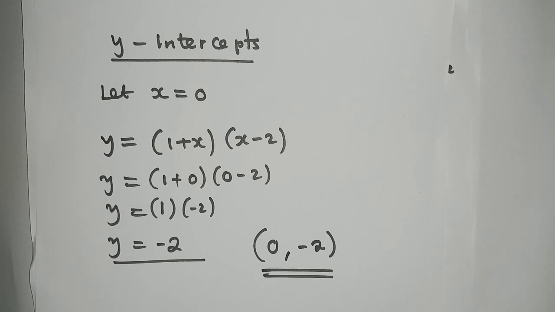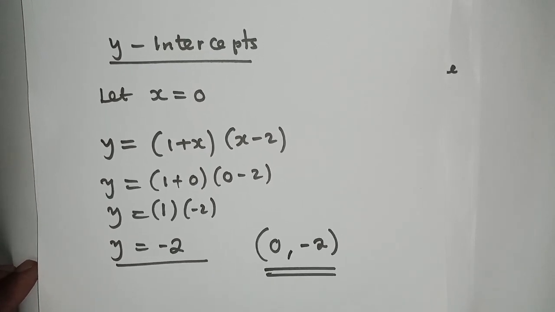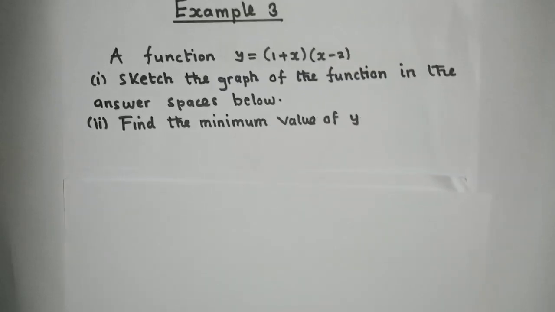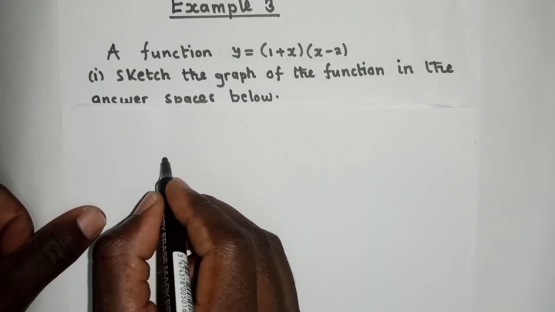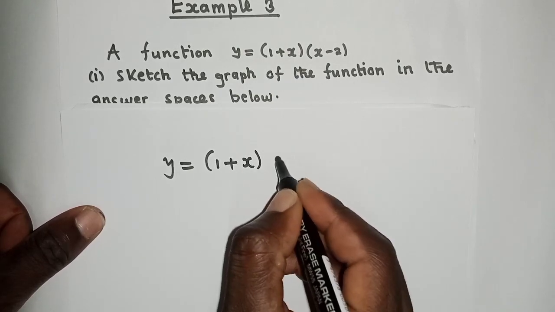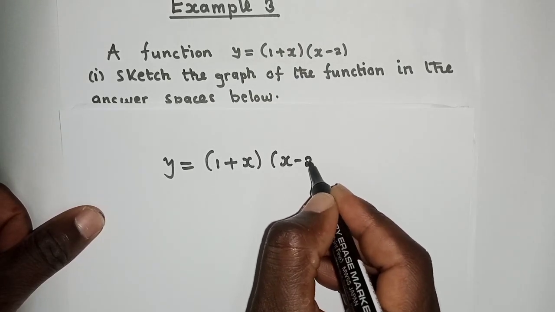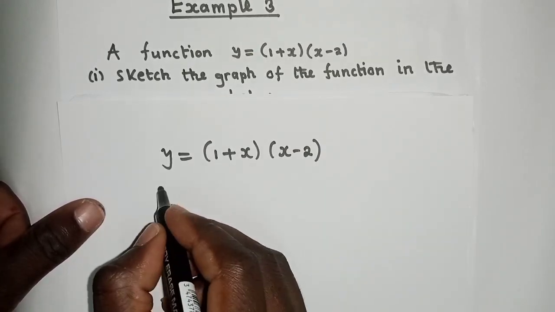The last part that we need is to find the coordinates of the turning point. So for the turning point, we will get the given function, which is y is equal to 1 plus x inside the brackets, x minus 2 inside the brackets. Here we'll put this function in standard form.